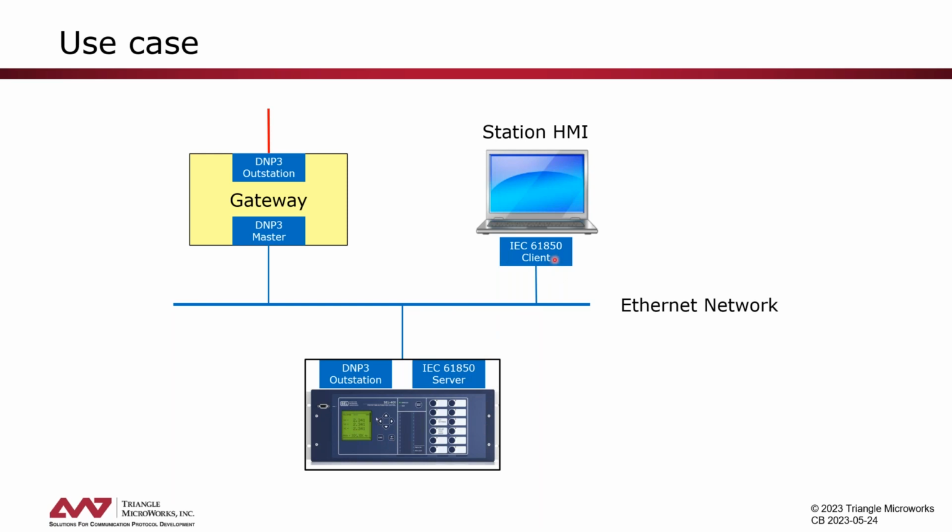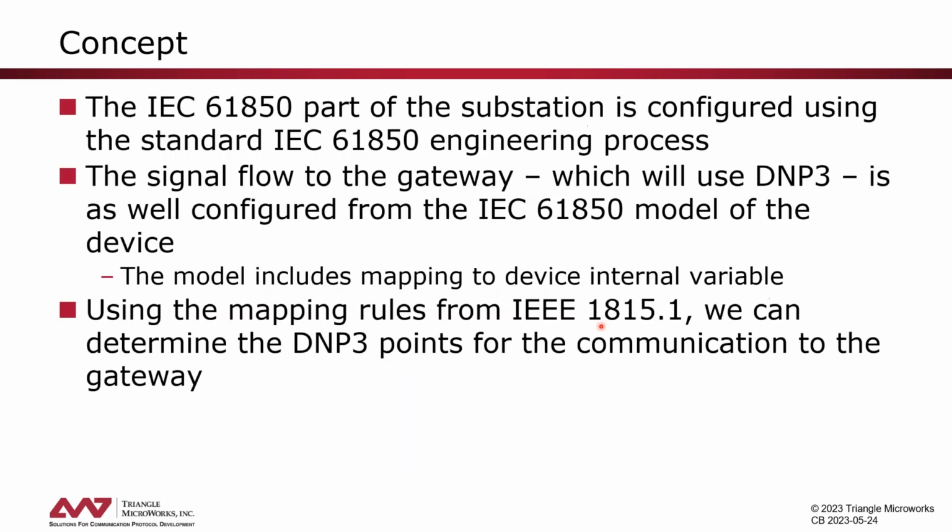It supports also IEC 61850 for the communication to a local HMI. The basic idea of the approach now is that we use the 61850 engineering process to configure the 61850 aspects of the substation, but we use that process as well to configure the signal flow to the gateway, even though this will use DNP3.